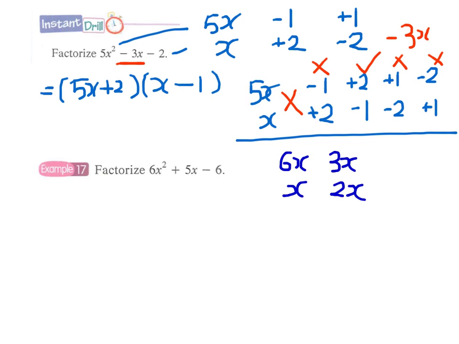And minus 6 will be minus 6 plus 1 or plus 6 minus 1 or plus 2 minus 3 or minus 2 plus 3. And we have to always bear in mind that we have to make up the middle term of plus 5x.